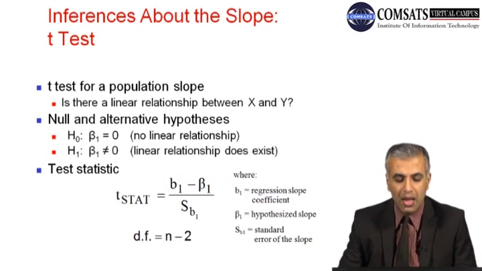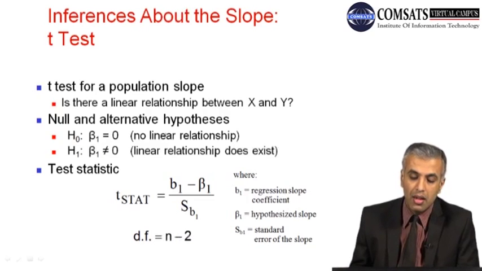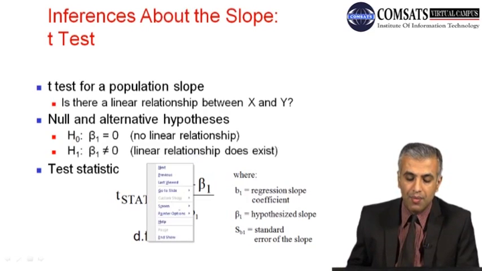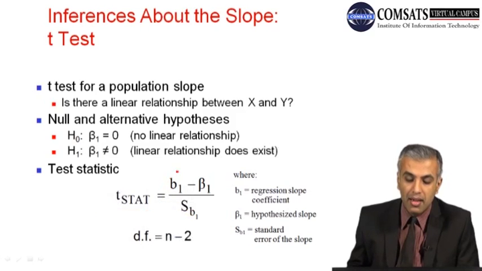So in order to calculate these test statistics, we have a certain formula here which you can see, and it's quite evident that it's the estimated beta 1 minus the hypothesized beta 1 divided by the standard error.